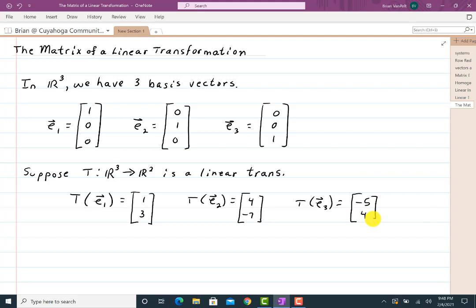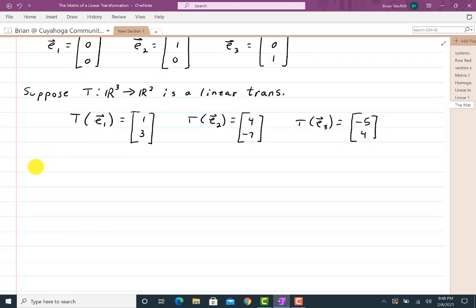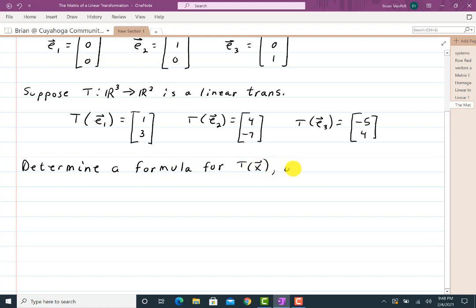Suppose I know just this amount of information about the linear transformation. Well, at least I know it's a linear transformation. So determine a formula for T of x, where x, of course, is in R3, which is the domain. So it'd be a general formula that describes T of x for any x that you can feed into it.